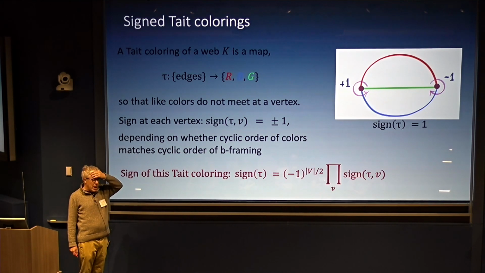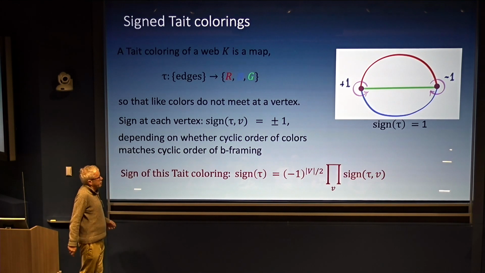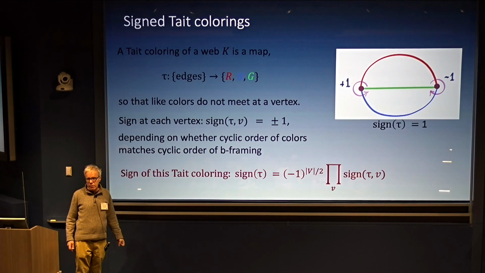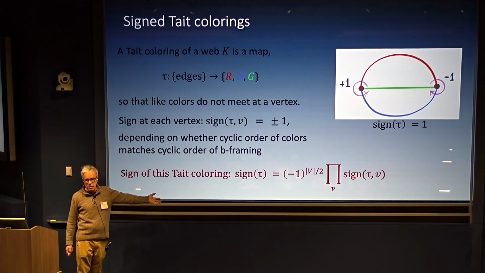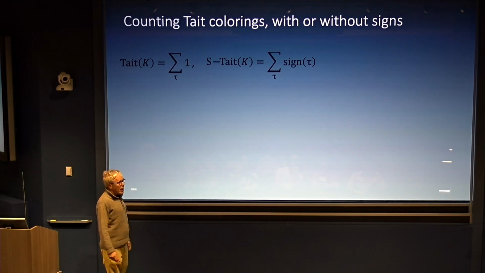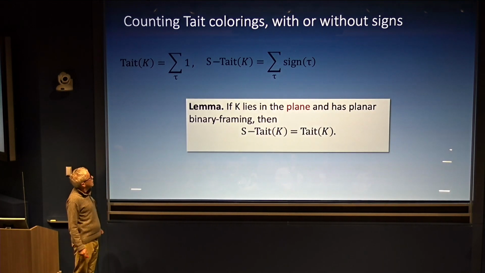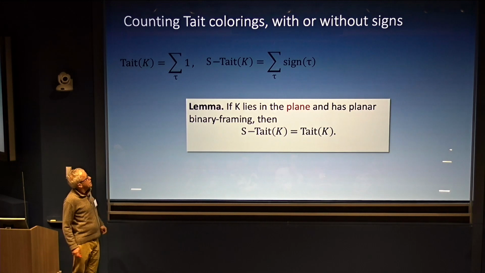So in a package, given a binary framed web and a Tait coloring of it, that Tait coloring falls into one of two classes, positive or negative. So I can either count the Tait colorings, adding up one for each Tait coloring, or I can count them with sign, a sum of +1s and -1s.